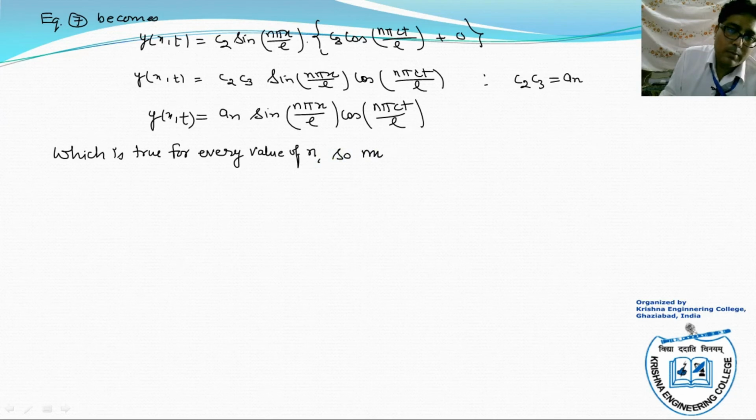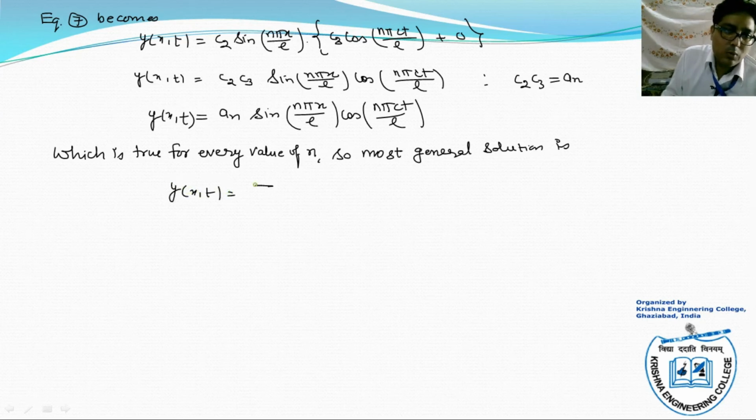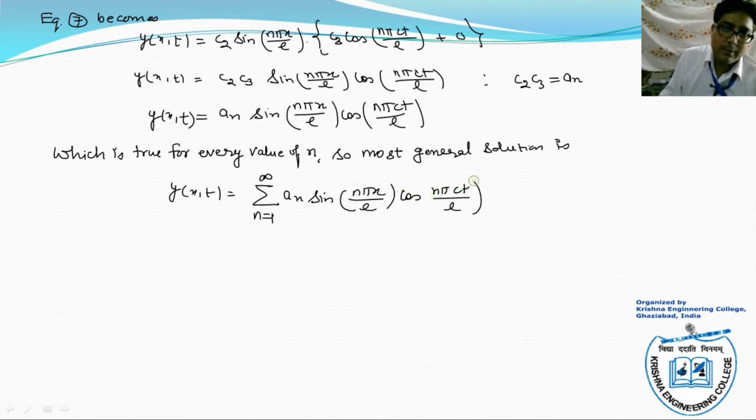So by the principle of superposition, the most general solution is y x comma t is equal to summation n equal to 1 to infinity An sin n pi x by L into cos n pi Ct by L. Clear?